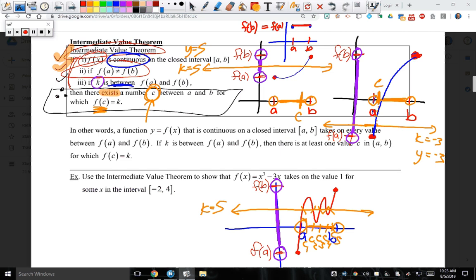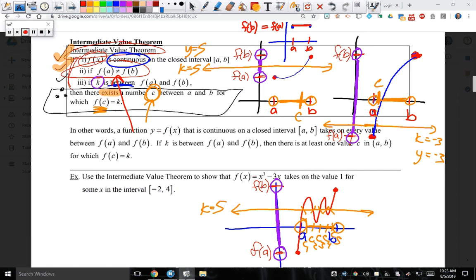Can I squeeze a k in between a number itself? No, there has to be some interval that exists. That's why f of a cannot equal f of b. I got to be able to fit something in between. Does that make sense? Are we good? All right. So now let's go to the proof and then actually do this with problems.